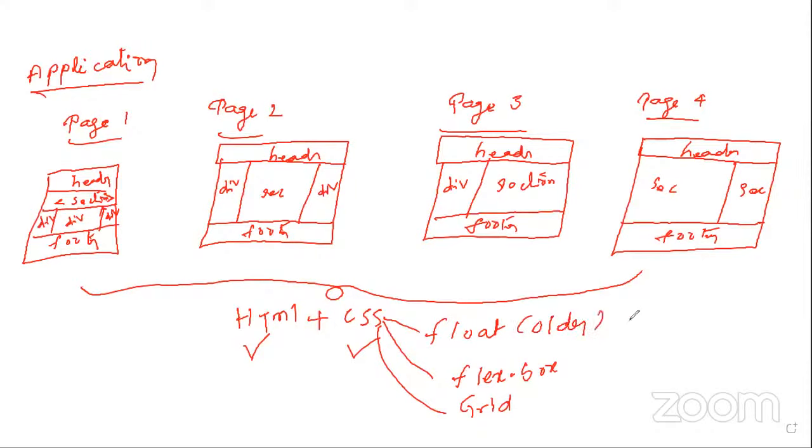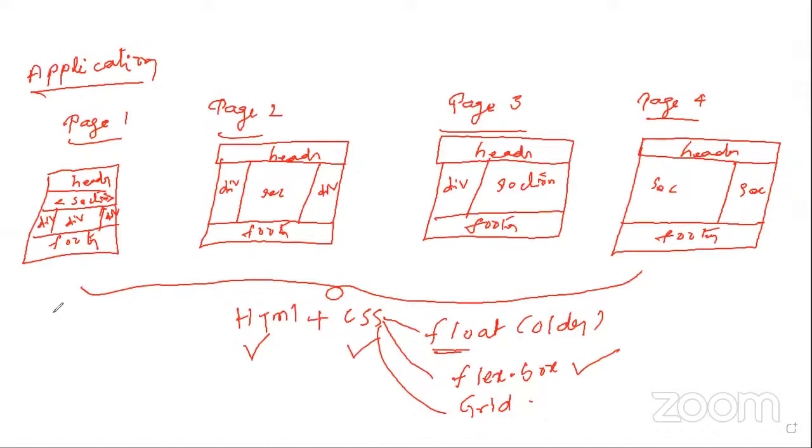This is the older way, and you can even divide your page into multiple partitions using float, but this is an older way. Now Flexbox is the one which many websites have used, and grid also sometimes we are going to use. Now first let me talk about how we are going to create a layout using Flexbox. Guys, my sincere advice for all of you, first understand what a layout is.